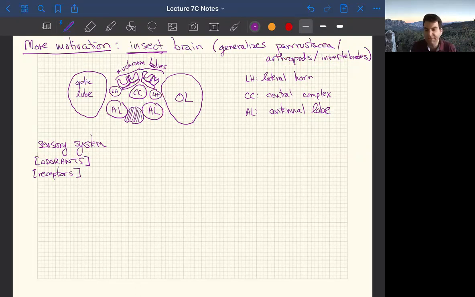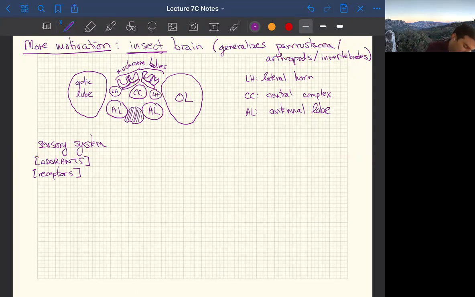You might smell some coffee. That coffee is a bouquet of a number of different odorants, and each odorant can be detected by different receptors. Each one of these receptors gets what we say projected.